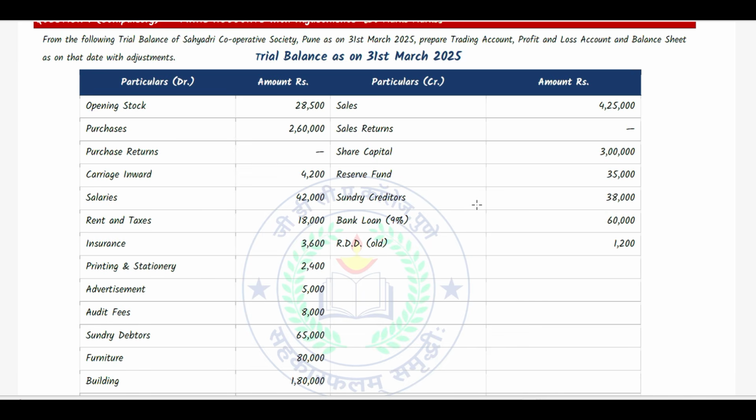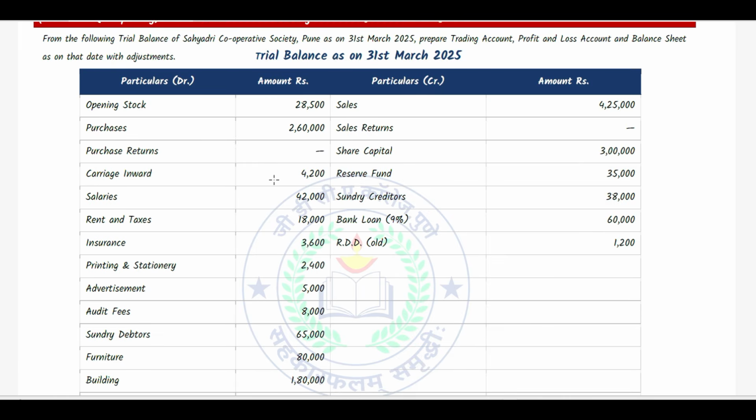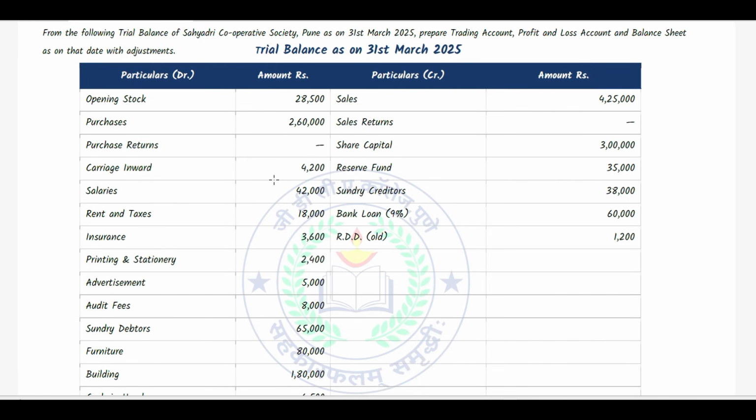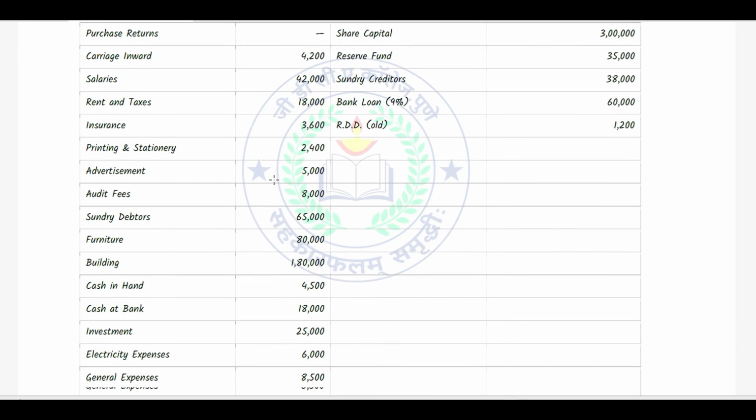I hardly know accounts, but I'm trying to give you the expected questions. These numbers can be different, but the question will be the same. You have to make the profit and loss account and balance sheet at any cost, and make sure all calculations are correct. Likewise, you will be given a trial balance as on 31st March 2025, and according to that we have to make the profit and loss account and balance sheet.